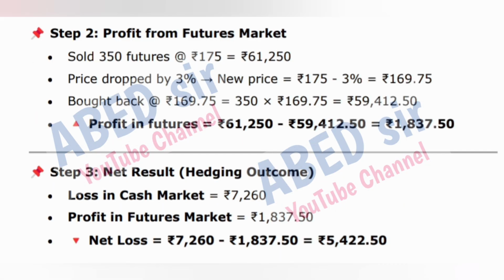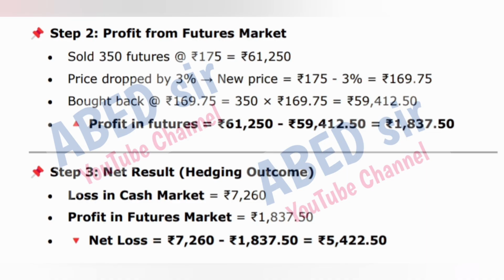Step 2. Profit from futures market. Sold 350 futures at 175 rupees is equal to 61,250 rupees. Price dropped by 3%. New price is equal to 175 minus 3%, which is equal to 169 rupees and 75 paise.